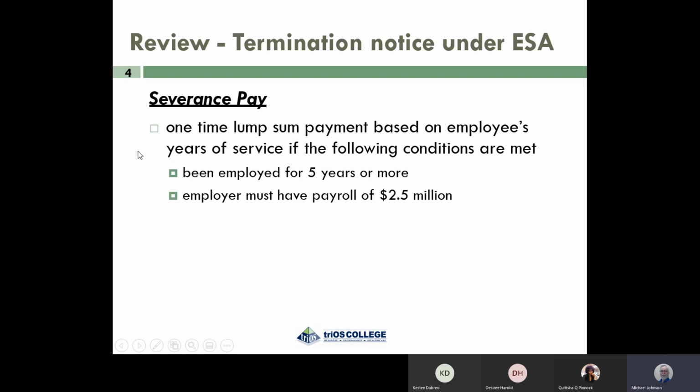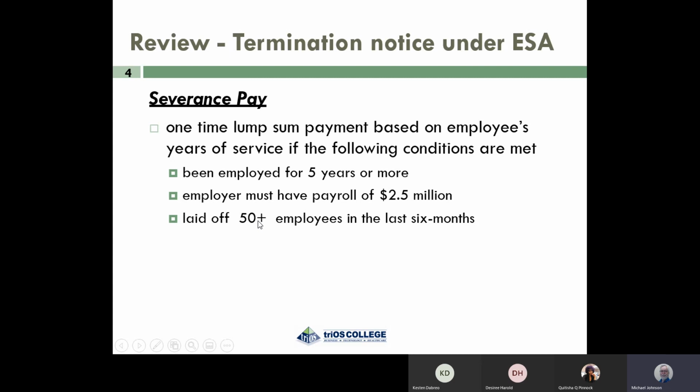And in addition to that, the employer must have a payroll of 2.5 million. As I pointed out on Friday, 2.5 million is not a very significant amount of money. That's only a few employees. When you think about it, you're looking at maybe 6 or 7 employees, and you're already in that category based on how much they're actually earning.